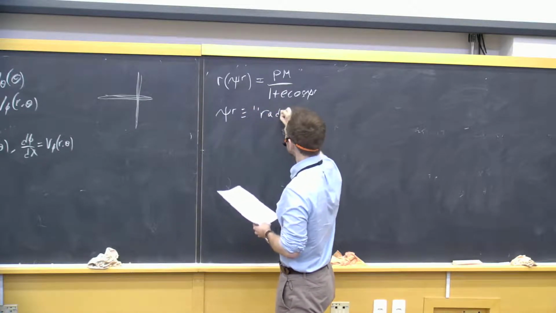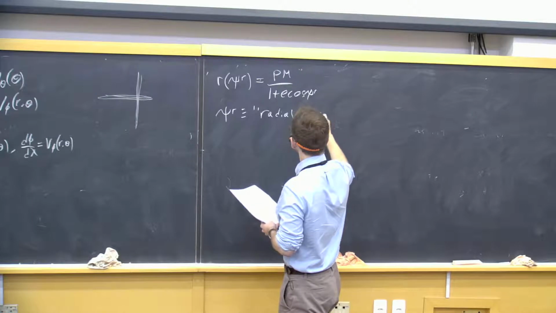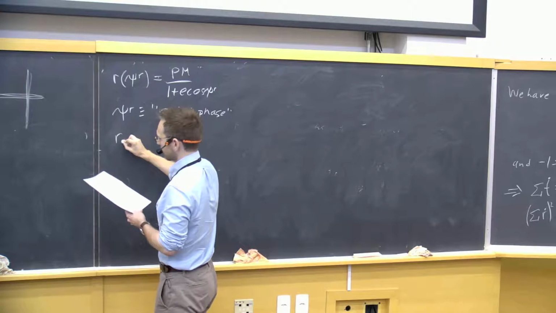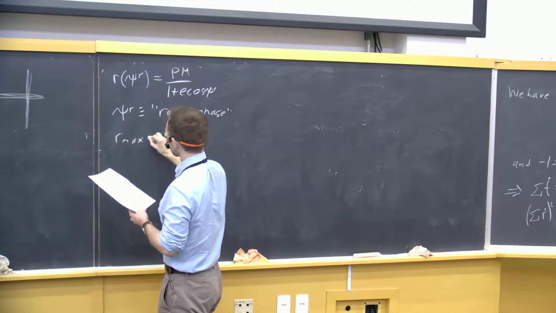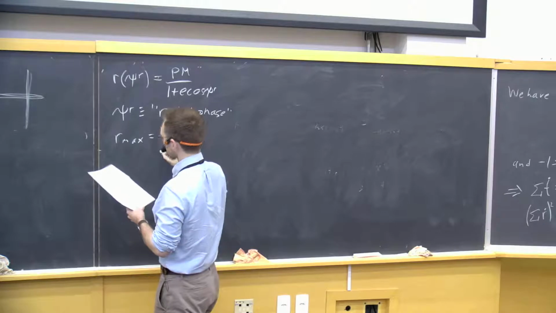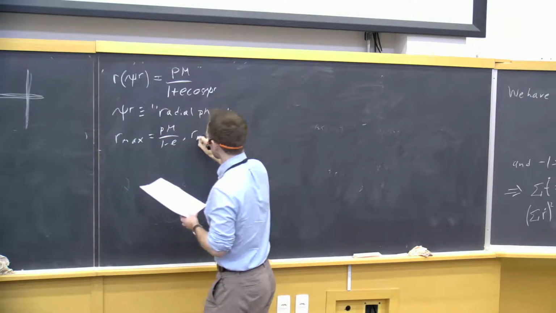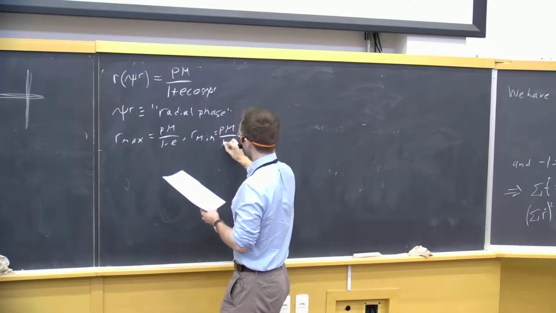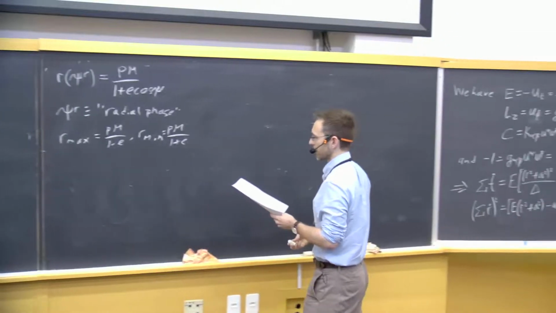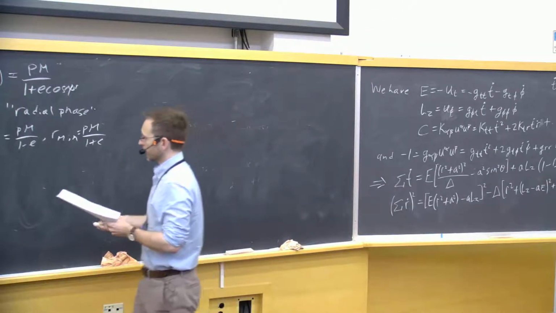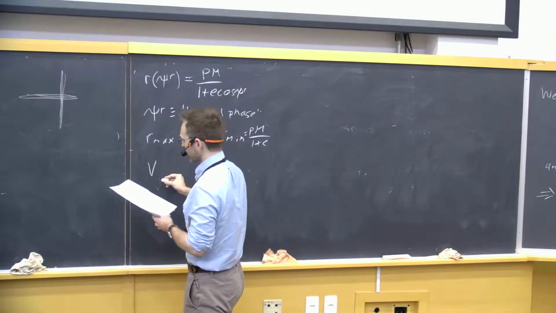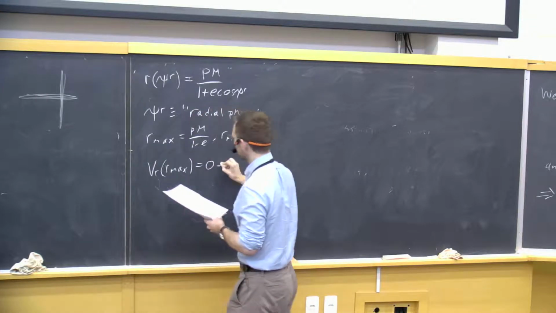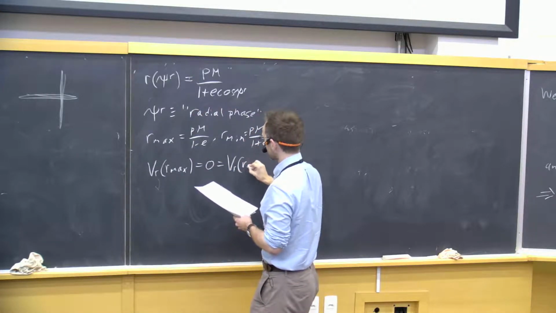Radial phase. We have the same kind of expressions for R max and R min that we had in Schwarzschild in terms of variables P and E. And they satisfy the equations VR of R max is 0, which is also VR of R min.